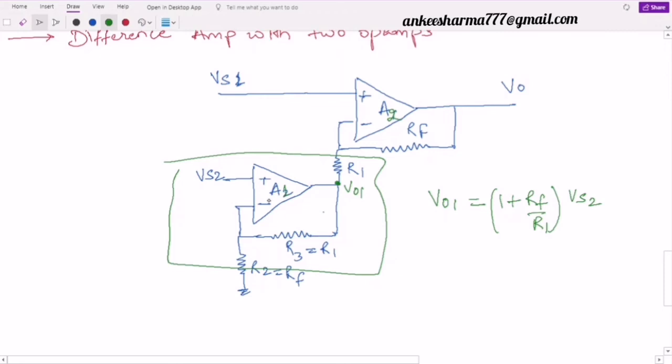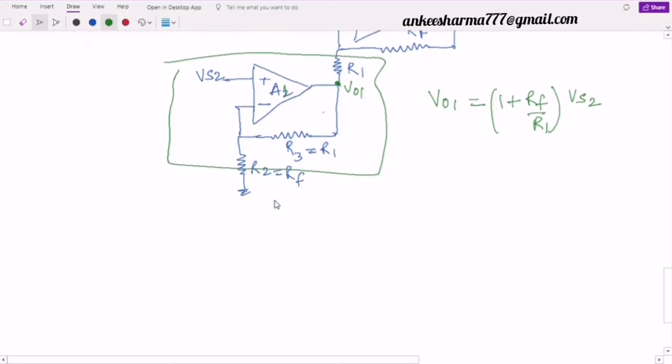Now look here, this VO1 is applied to the inverting terminal through this series resistor R1, and we have another voltage Vs1 which is applied to the non-inverting terminal. So again, over here I am having more than one input. I will make use of superposition, so I will write here, by applying superposition theorem.